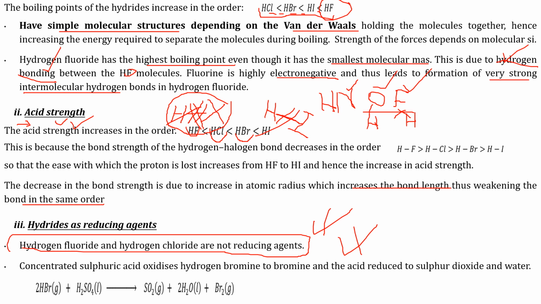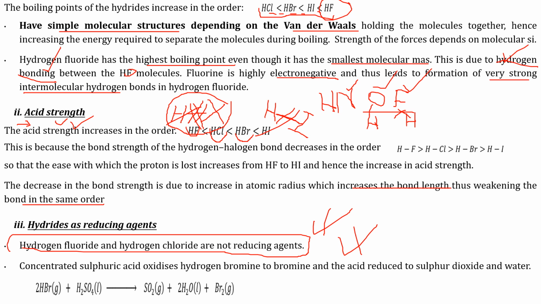the reactions of the hydrides of group 7 with concentrated sulfuric acid, and note that hydrogen fluoride and hydrogen chloride won't react. The reason is that the fluorine atom and the chlorine atom in them have small atomic radius, so their bonds are strong. They cannot easily break to engage in other reactions.